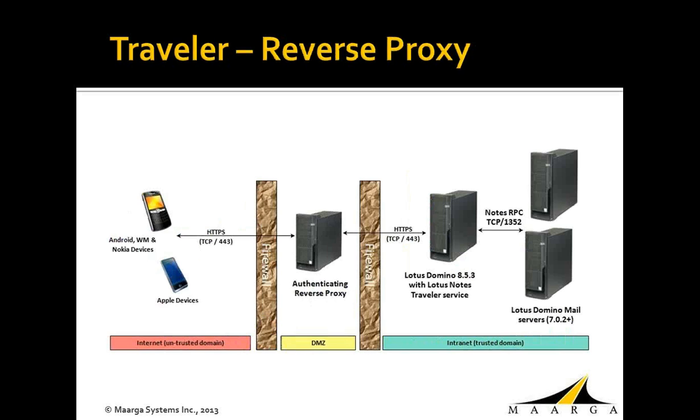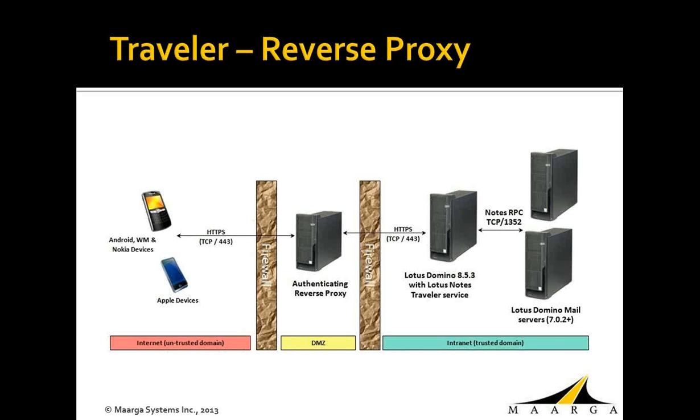And the next scenario is what we recommend for most of our customers and for everyone, where we have the users connecting from the internet, and a reverse proxy server sitting in our DMZ, which acts as a gateway server for all these Traveler requests. It connects to the Traveler server, which is installed in the trusted zone, which in turn goes to the Domino mail server and passes the data back onto the mobile devices.